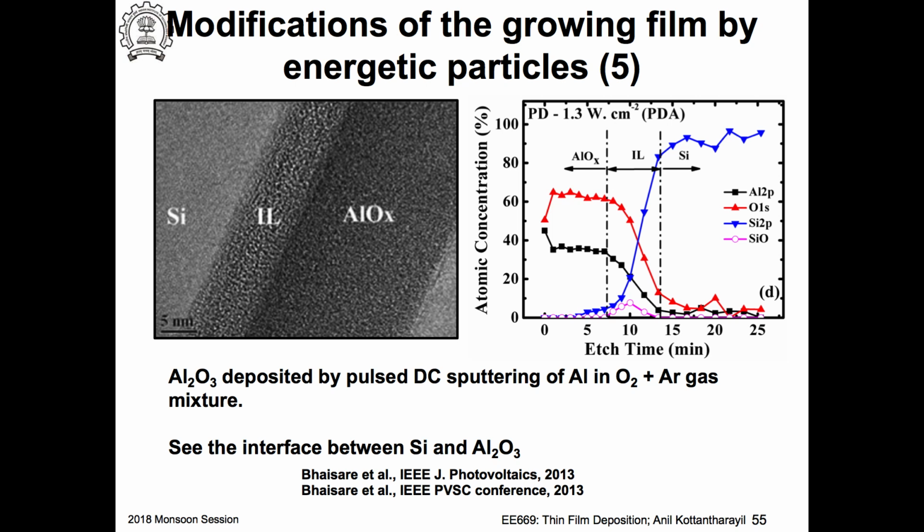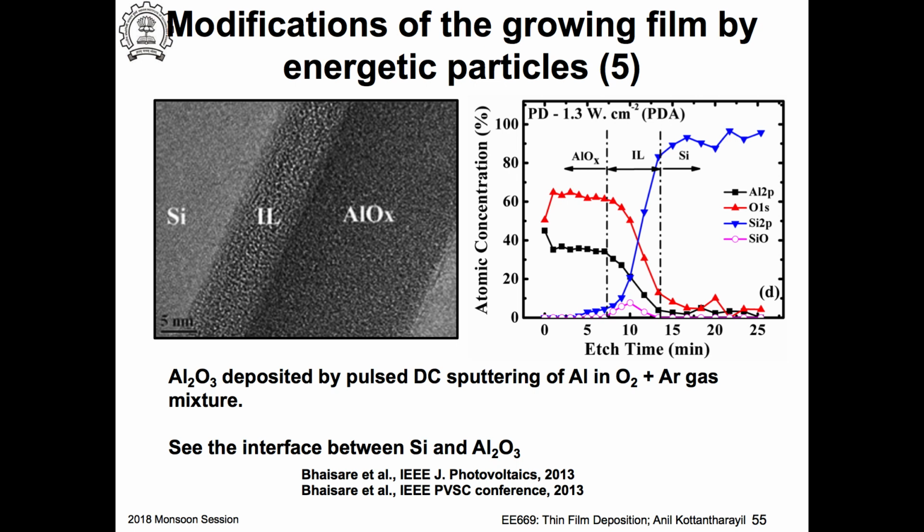And then from the shift of these emission peaks, you can find out the composition of this. So this will be some kind of aluminum silicate, and the composition is changing as you go closer. As you go closer to the interface, it becomes silicon rich. So there is more silicon.